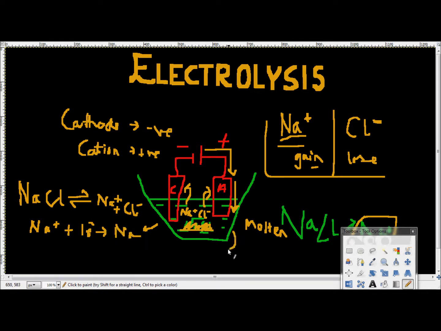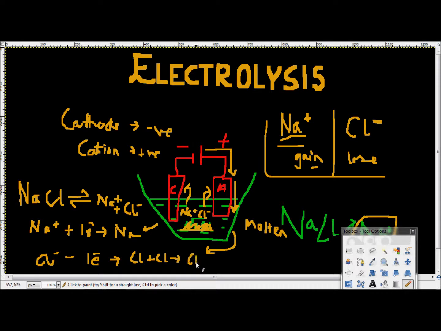Meanwhile, at the anode, what you get is Cl- minus one electron gives you Cl. And after this, since Cl is a diatomic gas, you'll be learning more about that as well, Cl plus Cl gives you Cl2.